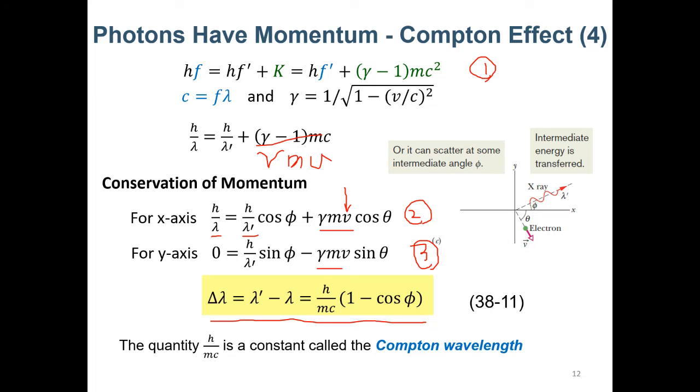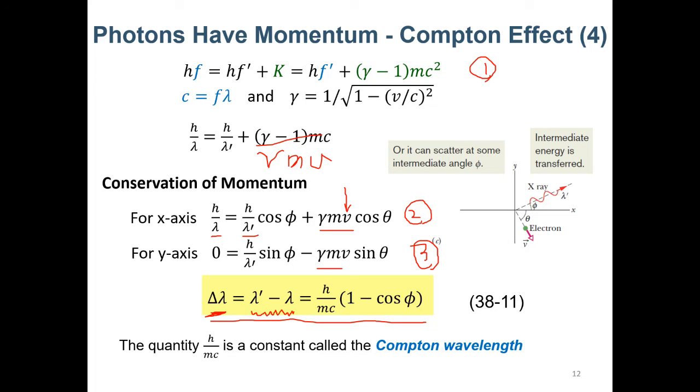But finally, we only need the difference between lambda prime and lambda, so we have three equations, and finally we can reduce v, reduce phi, reduce theta, and get this one.